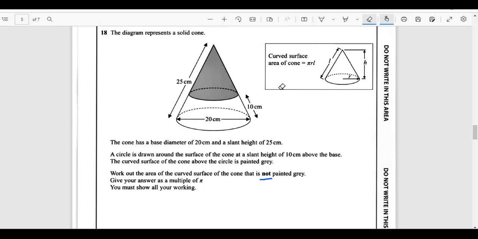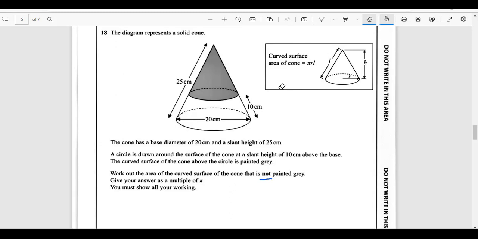So it'd be 10 times pi times radius. Wait, it's asking for the curved surface area of the cone that is not painted gray.